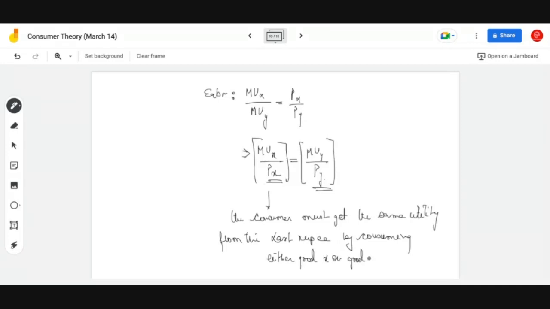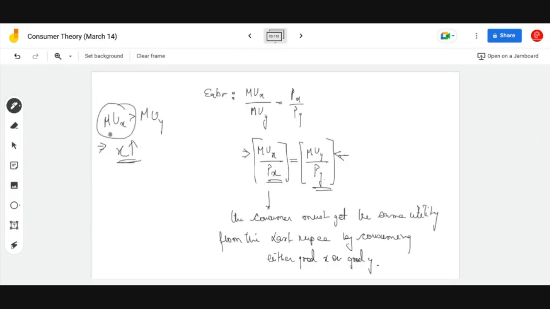Because see, if your marginal utility of good X is higher than good Y, you will increase good X. If your MUX is greater than MUY, you will keep on increasing consumption of good X. Yes or no? Yes, sir. Because good X is giving you more utility.